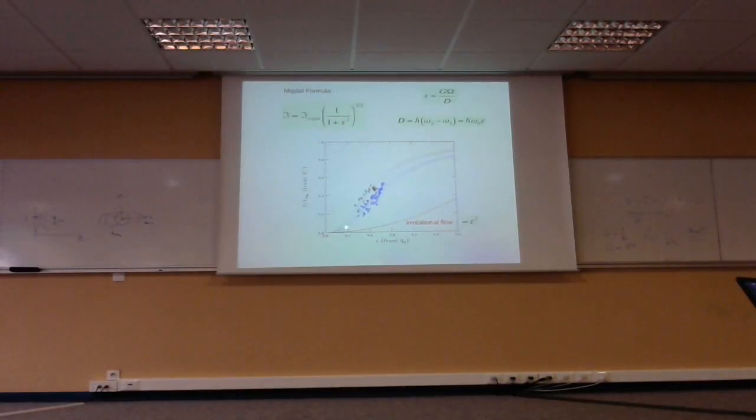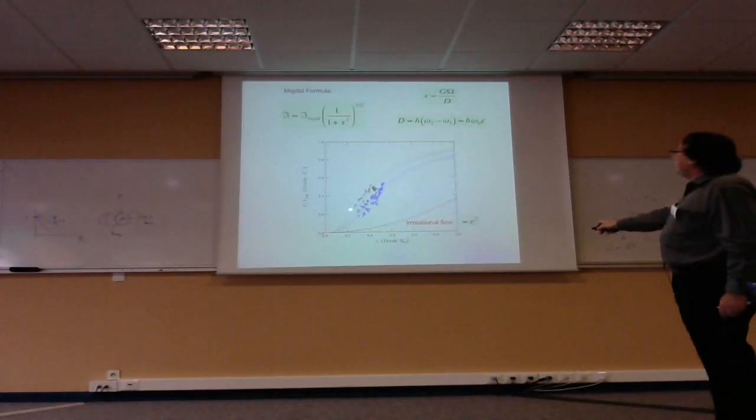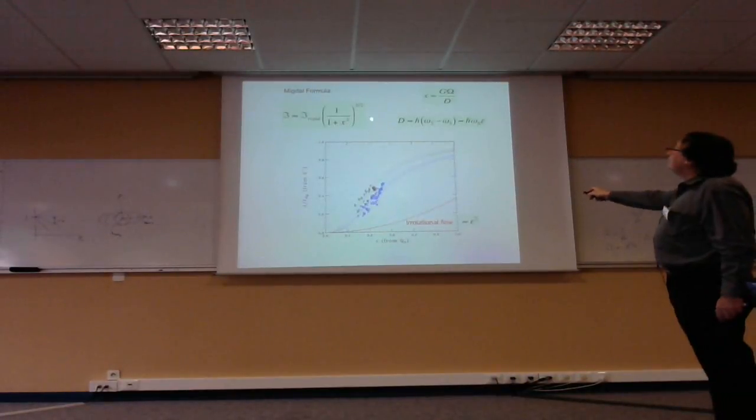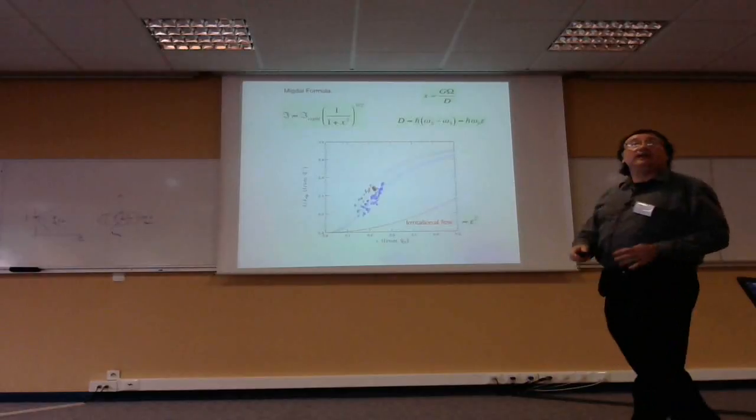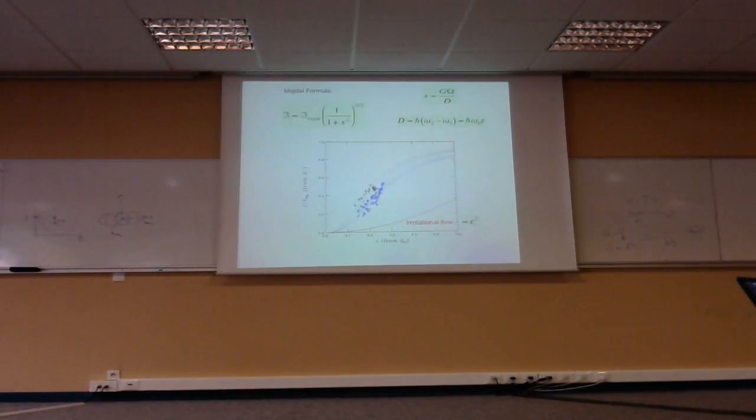And then you look at here, that's the actinides, a little heavier. So then the black shaded area goes very nicely through the points. So I think the Migdal formula does a good job in correlating the data with the assumption of pairing correlations in the way that we have discussed.